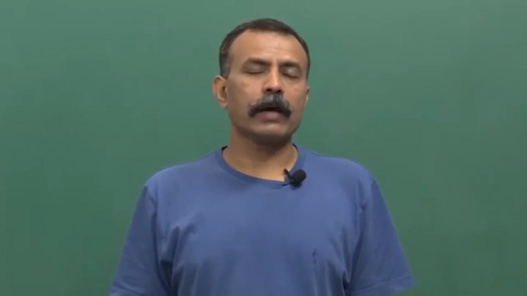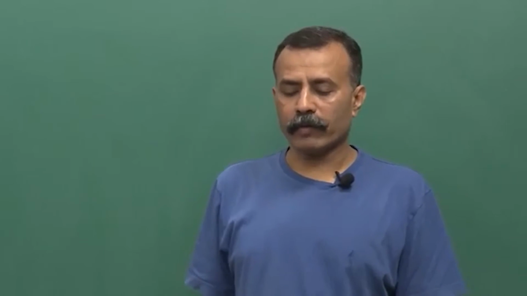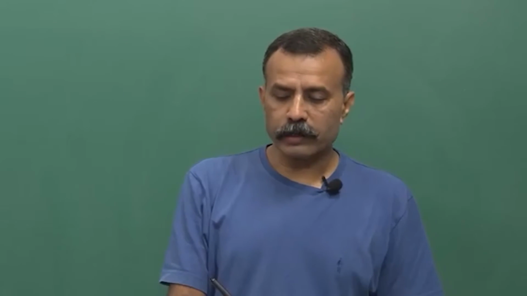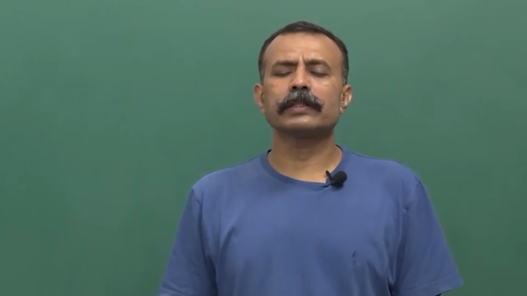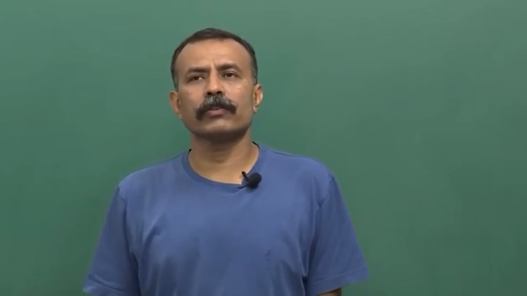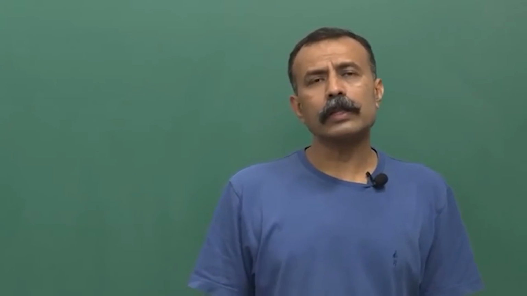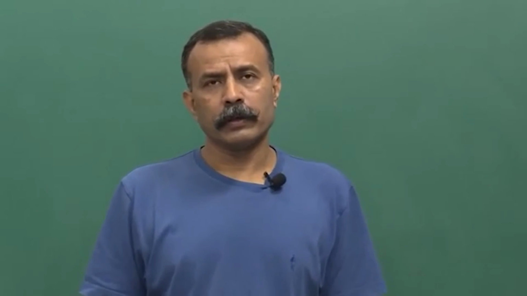So for Alzheimer's, we really do not have anything. In the case of Parkinson's, at least we have some degree of recovery. I won't say recovery, some degree of restoration of function in the form of L-DOPA therapy. That's all we have.